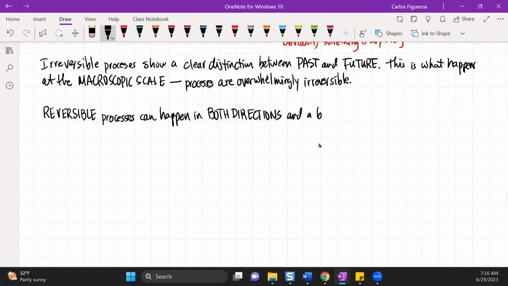And a backwards running movie shows a physically possible process.